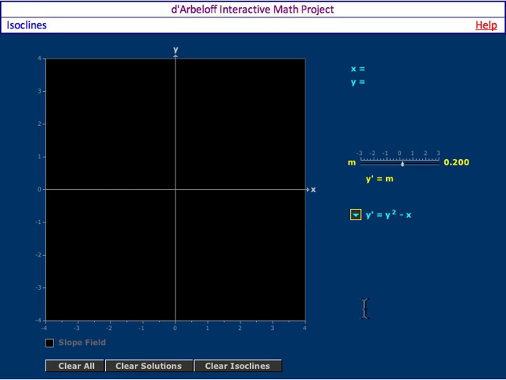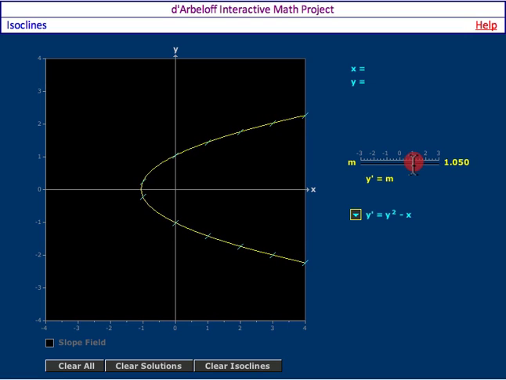Well, isoclines give you a good way of doing this, and they reveal things about the qualitative behavior of the differential equation as well. An isocline is the subset of the plane where the slope field takes on a given value. I can choose that value m using this slider here, and when I click here and move this, the isocline with the given value of m is drawn in yellow on the screen.